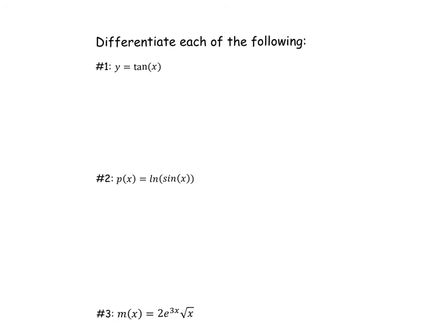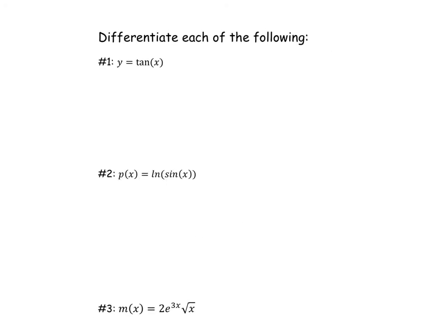All right, tan x. I'm going to show you how to differentiate it, even though we already know that dy dx equals secant squared x. Let's show it. All right, let's rewrite y as sine x over cosine x. This is a quotient, right?